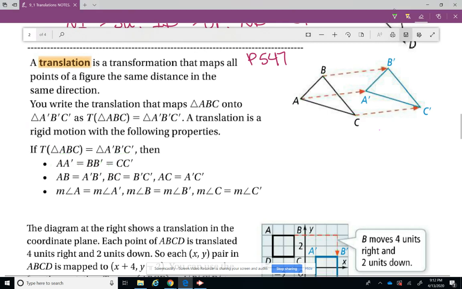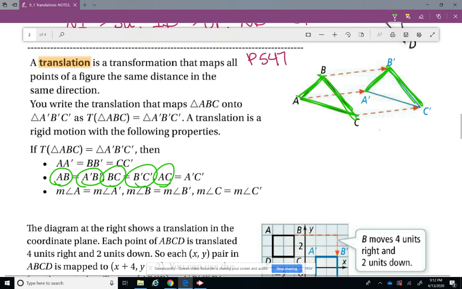Another thing. Segment AB is the same distance as segment A prime, B prime. Segment BC is the same length as segment B prime, C prime. Segment AC is the same length as segment A prime, C prime. So distance is preserved yet again with segment lengths.